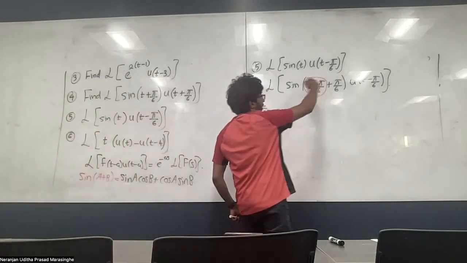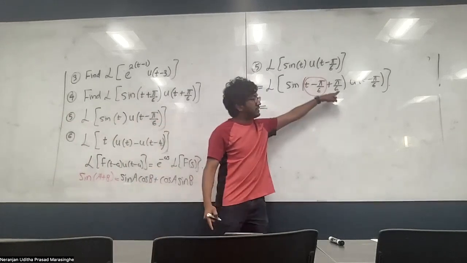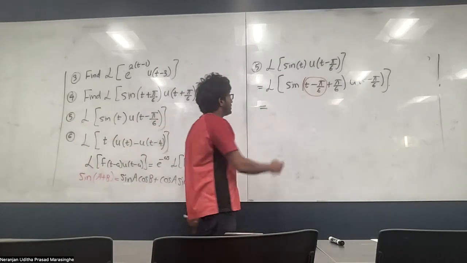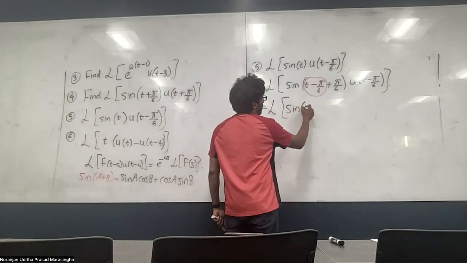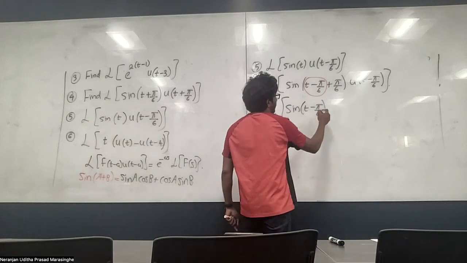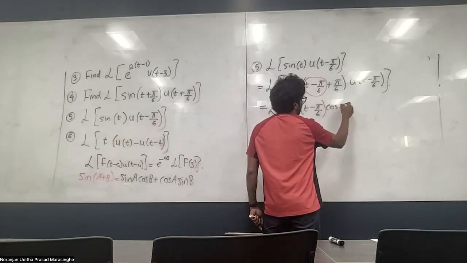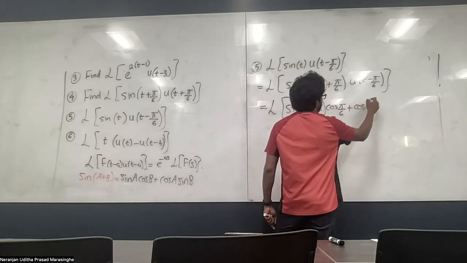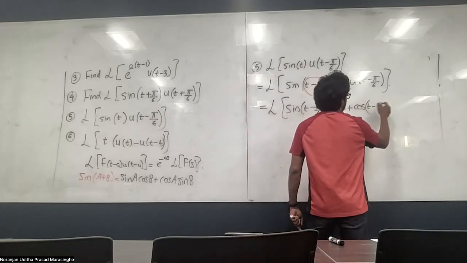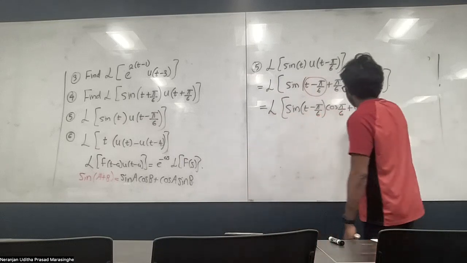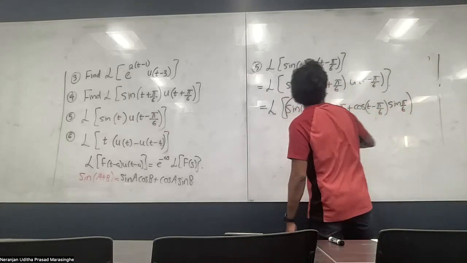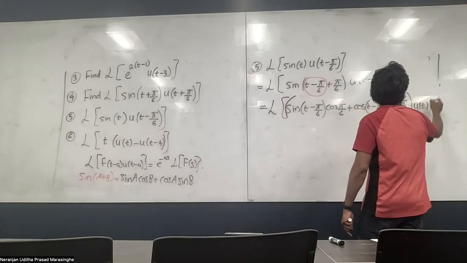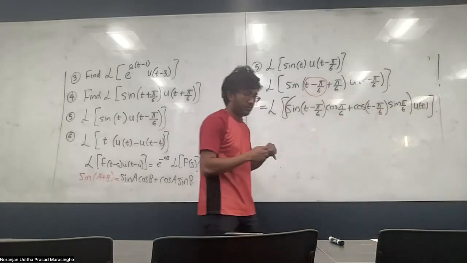Now t minus pi over 6 is kind of a and pi over 6 is b. So I would expand this: sine of t minus pi over 6 cosine pi over 6 plus cosine of t minus pi over 6 sine pi over 6, times u of t minus pi over 6.